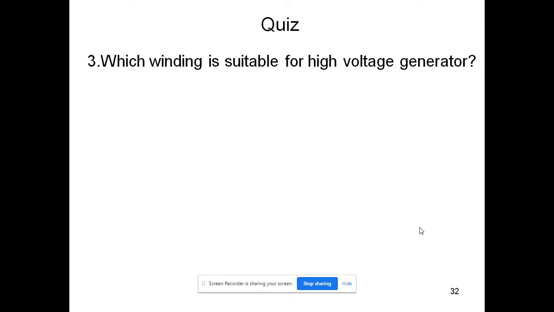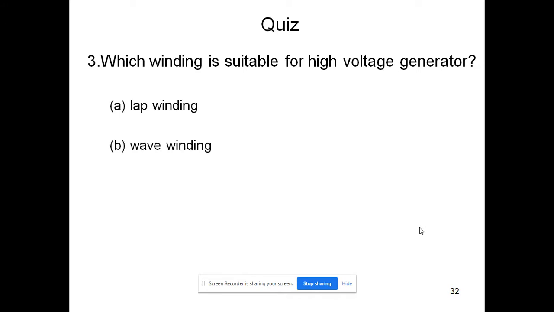Let us see the next question, that is which winding is suitable for high voltage generator? This one we have discussed in the comparison between lap and wave windings.